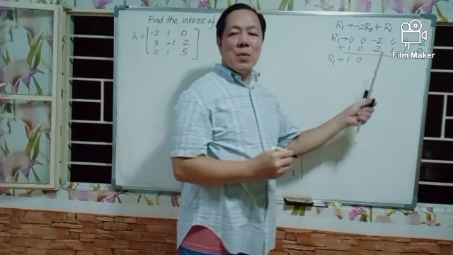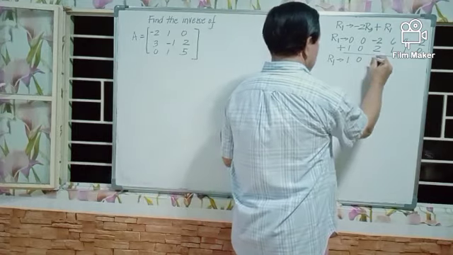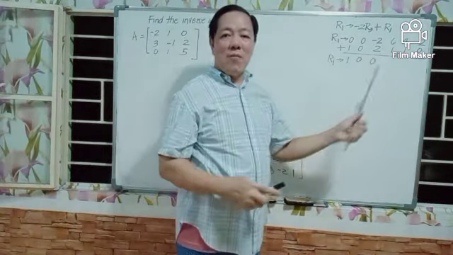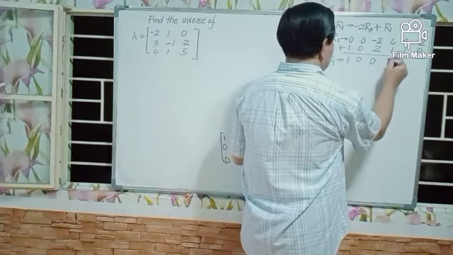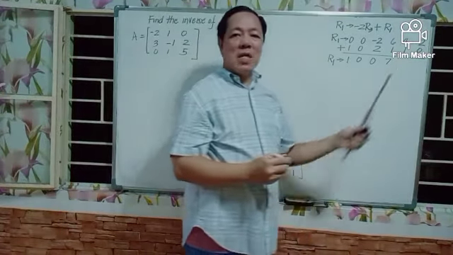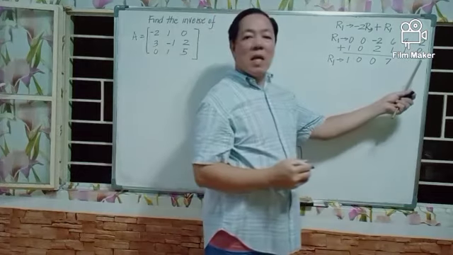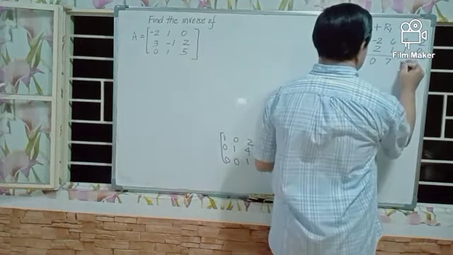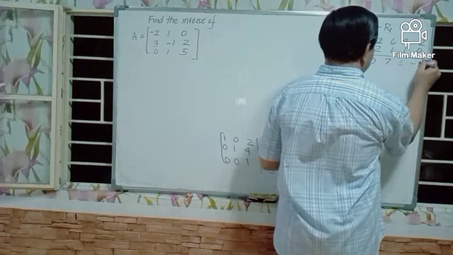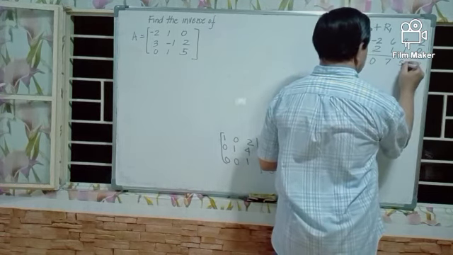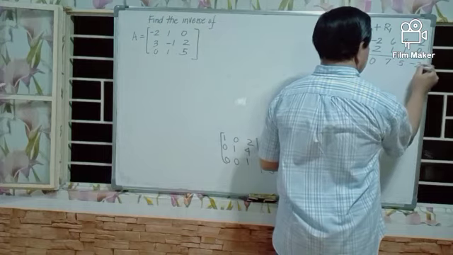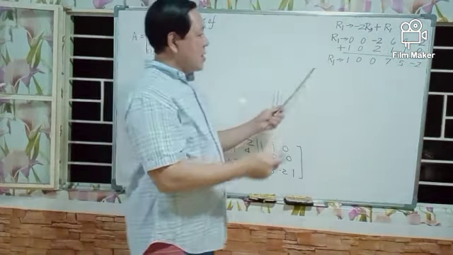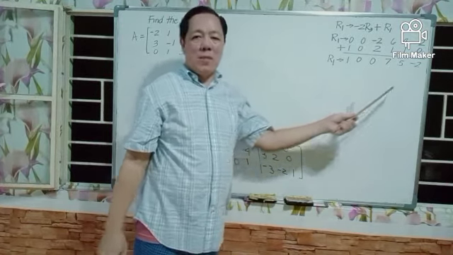Negative 2 plus 2 is 0. 6 plus 1 is 7. 4 plus 1 is 5, and negative 2 plus 0 is negative 2. And these are the entries, the new entries of row 1.